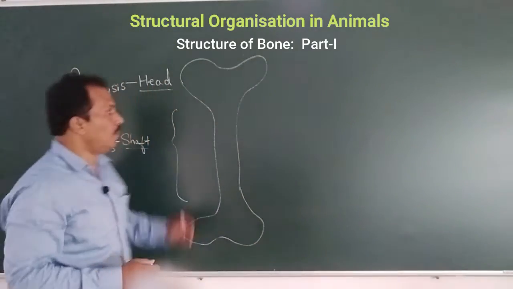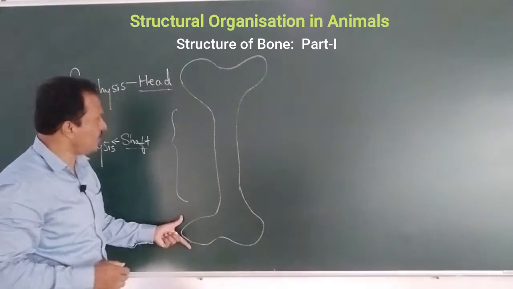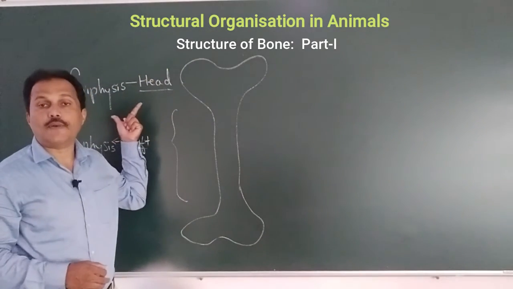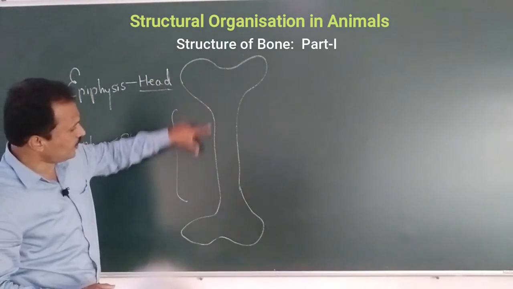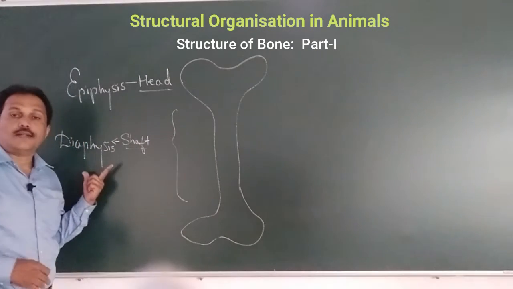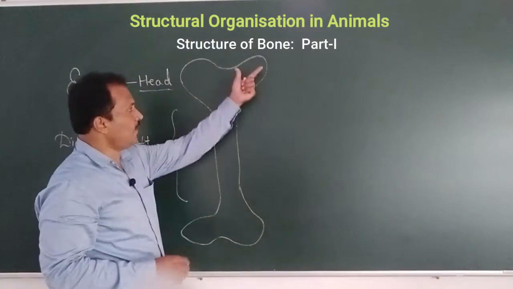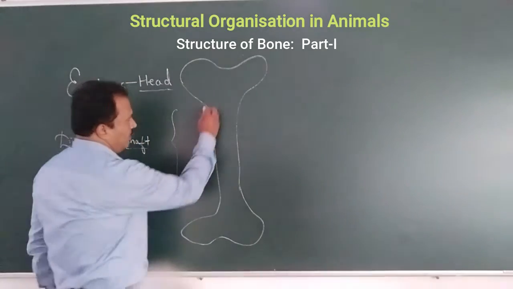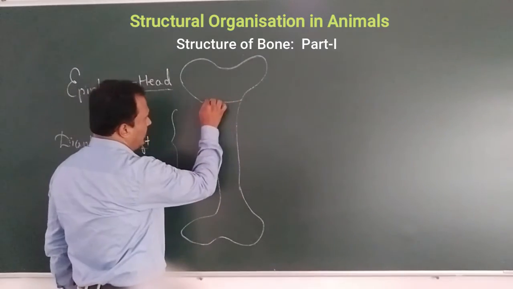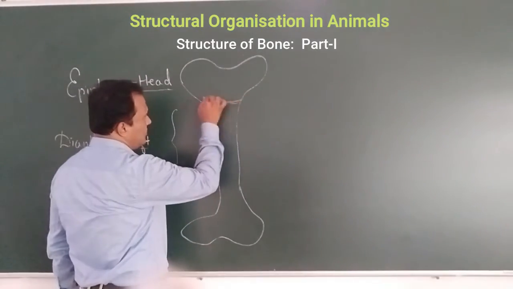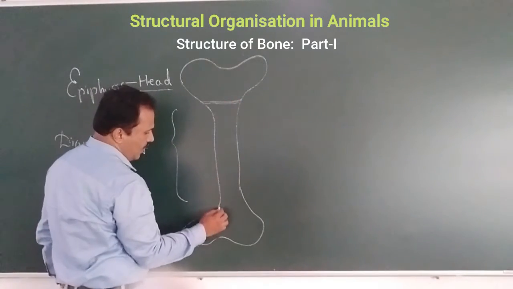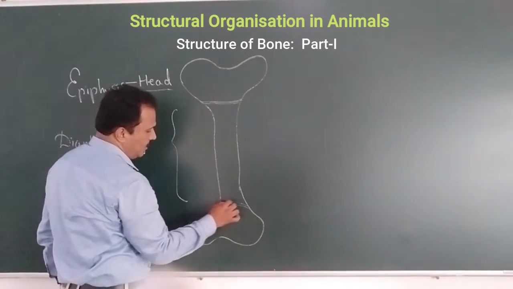Number one, this is the head region, it is known as epiphysis, whereas this shaft region is known as diaphysis. When we talk about the epiphysis and diaphysis region, at this junction there is one cartilaginous plate.